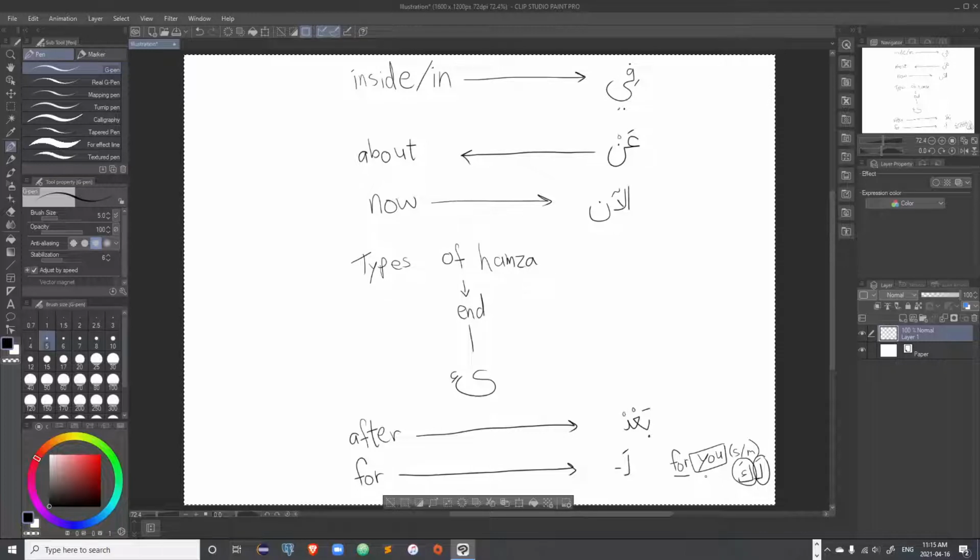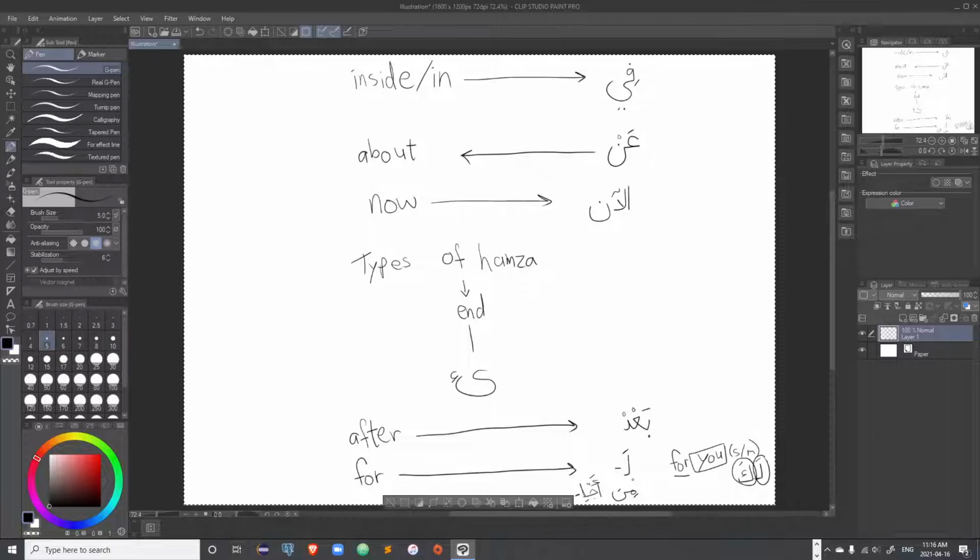You can also use min, because if you recall, min is from. You can use min, but you must use a word after it. Min ajl. And you add the respective suffix. Min ajlika for you, min ajliki for you, singular feminine, and so on and so forth. So I'll just put it here. Min ajli.